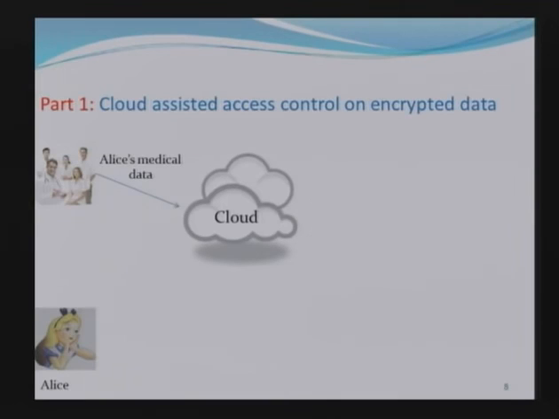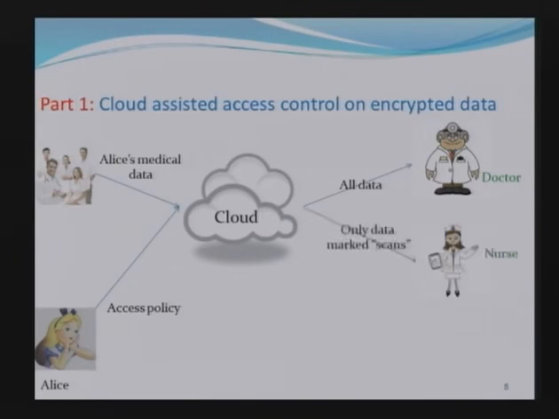Okay, so the scenario is as follows. We have Alice's medical data that's uploaded by hospitals to the cloud. Okay? And then Alice has some access policy. What is this access policy? She has her favorite doctor to whom she wants to tell all her medical information, right? But then there's a nurse, and she wants the nurse to only learn any data that's marked scans.